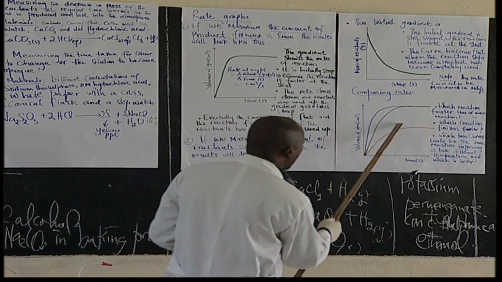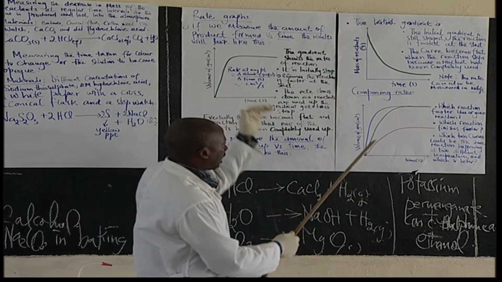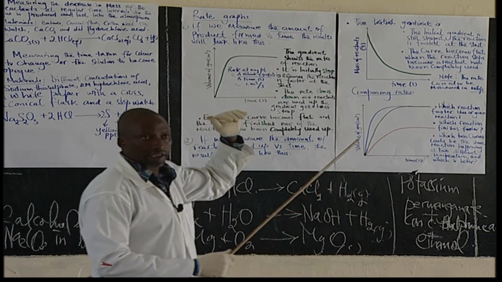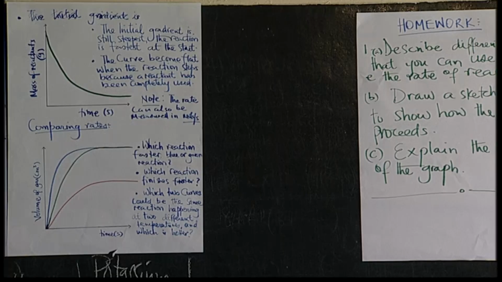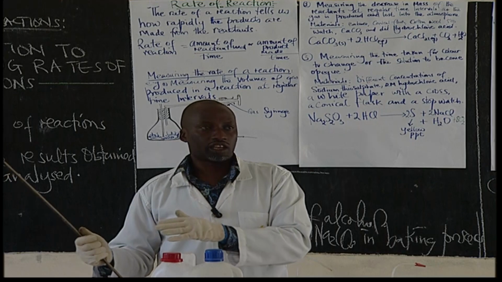The lower the curve, the lower the temperature, and the higher the curve, the higher the temperature. So that is how we can measure the rates of the reaction, by using either the reactant that is used up, or the product that is formed in the reaction.